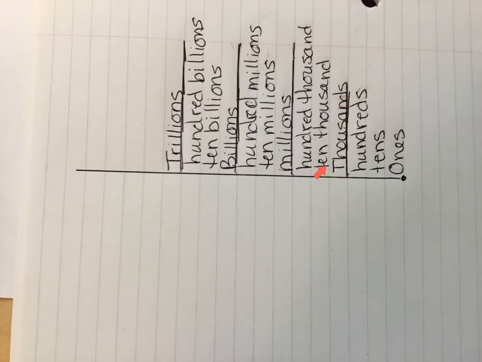Thousands, 10,000s, 100,000s, and then put a dark line. Millions, 10 millions, 100 millions, and put a dark line. Billions, 10 billions, 100 billions, and put a dark line. You're going to make this chart because we're going to write some numbers down there. So please pause the video, get this chart all written down, and then press play again.